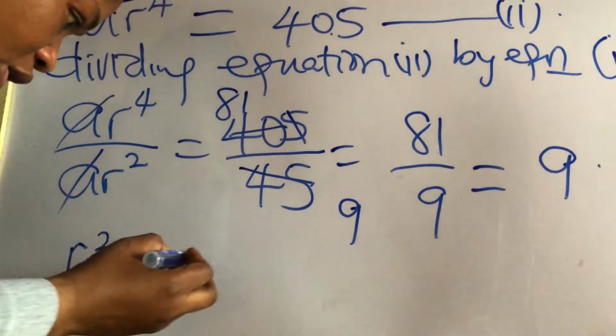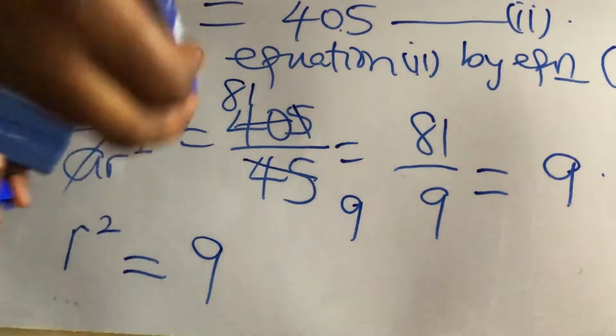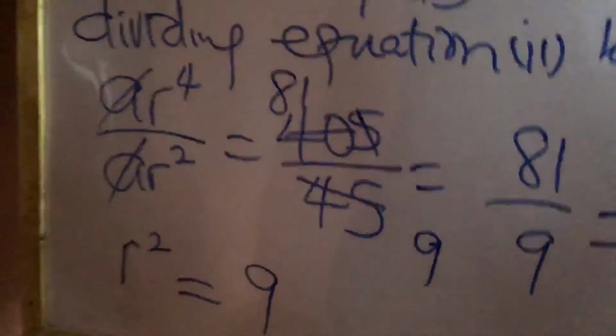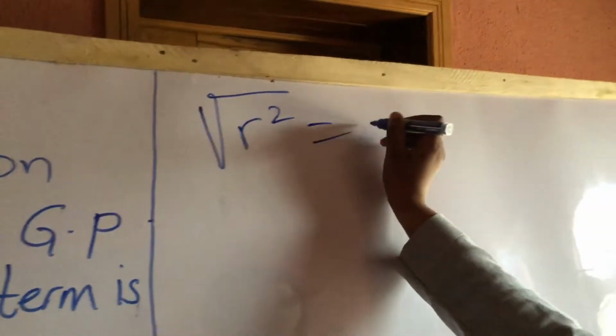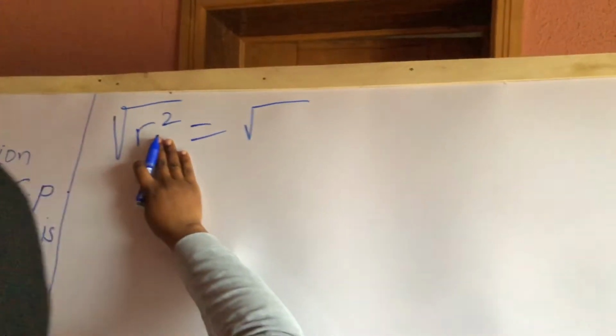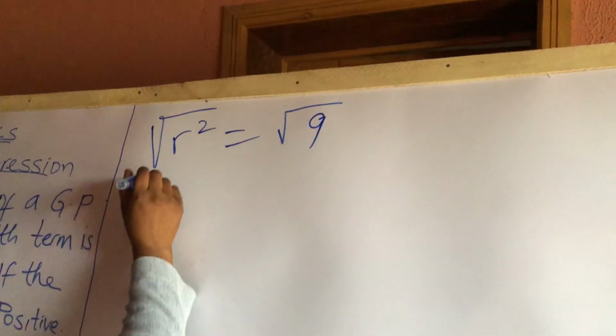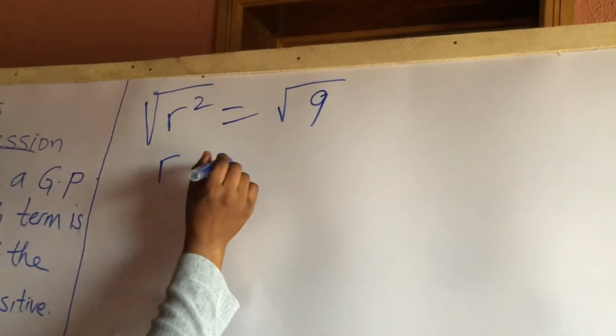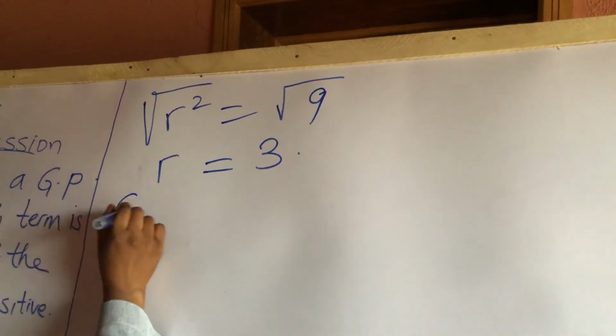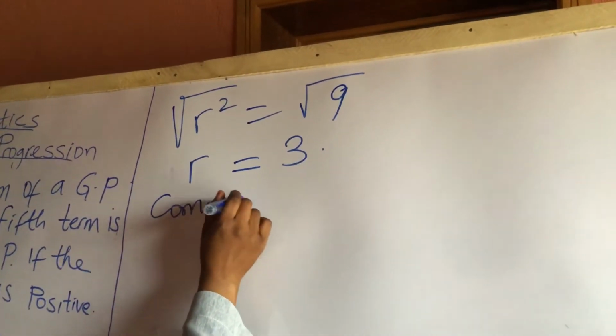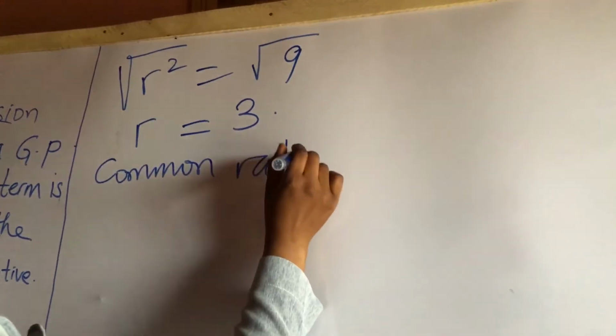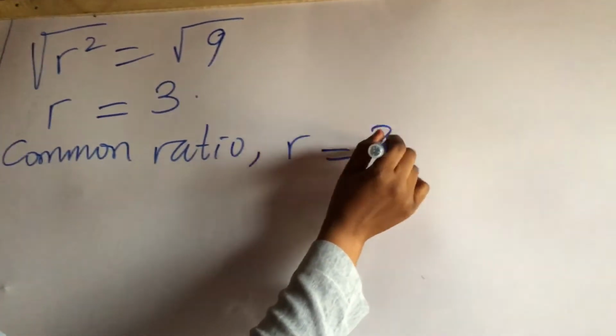So if you are not using a calculator, you can easily divide that one. So r squared is equal to 9. And if you take the square root of both sides, that is the square root of r squared, the square root of 9, so r is equal to 3. So the common ratio r is equal to 3.